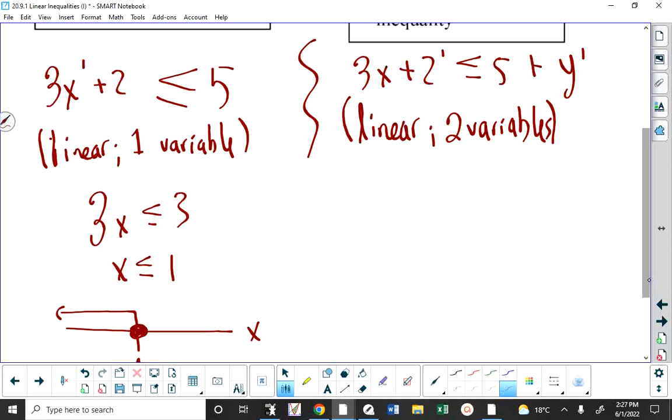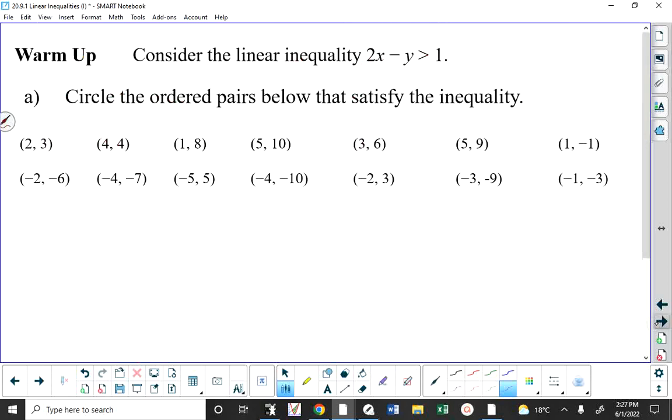All right, we're going to start off with a warm-up. There is a linear inequality with two variables: 2x minus y is greater than 1. Circle the ordered pairs that make the inequality true. You're going to have to do a lot of scrap work, on paper, on your calculator, or in your head.